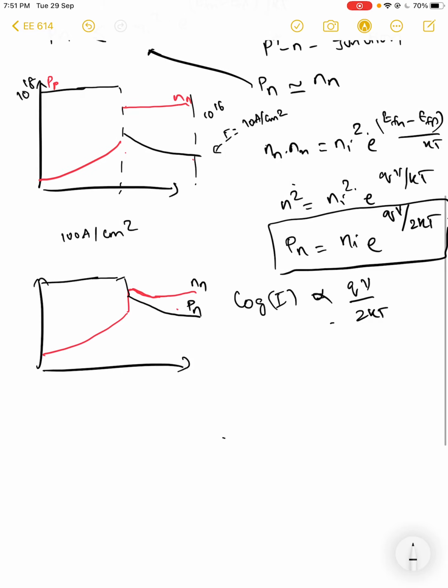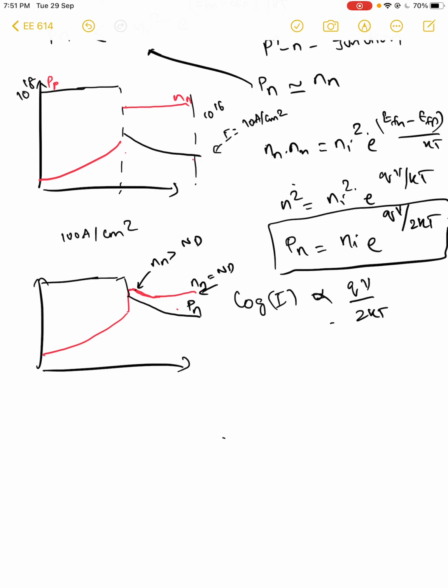Now, why does the density of electrons in N type become even higher than the actual doping density Nd? So here Nn is equal to Nd, right? But Nn is a little bit greater than Nd close to the junction.